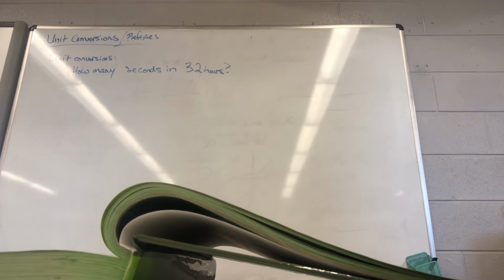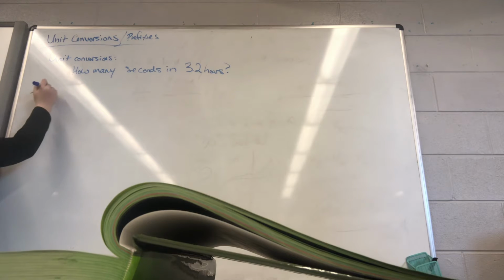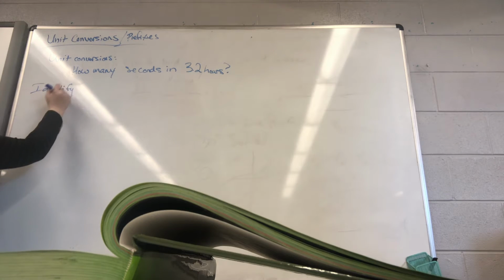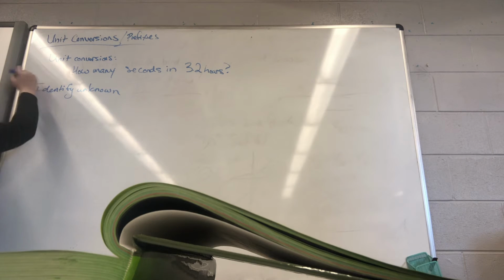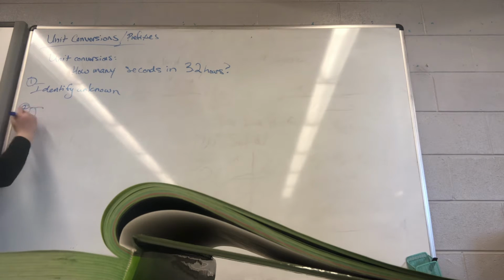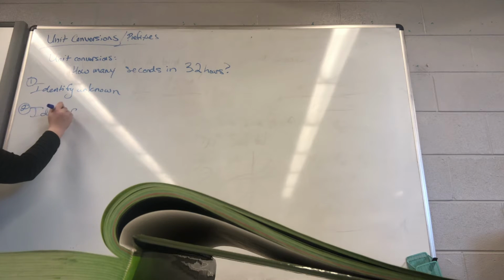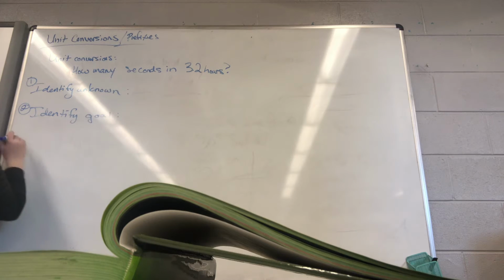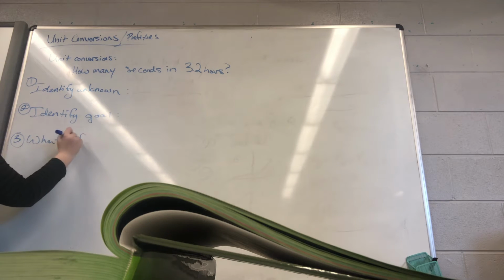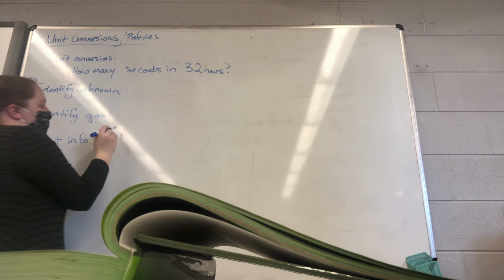All right. So if I wanted to set up a problem to go from a starting point to an ending point, we would want to identify our unknown. We want to identify our goal. Identify what info we need.